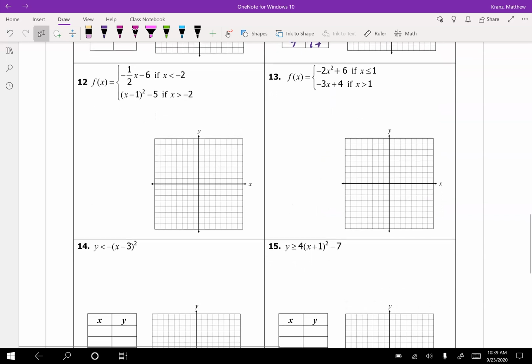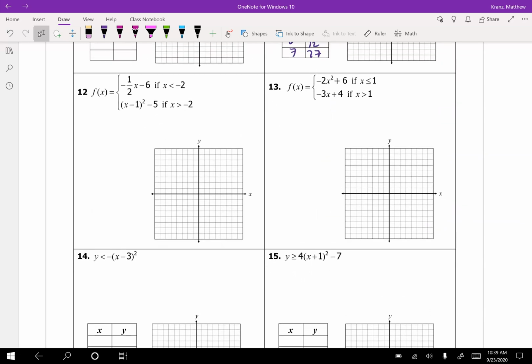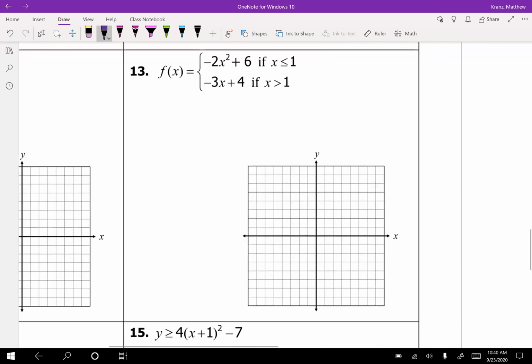All right, let's go ahead and do 13. All right. So now, when I look at 13, this is another piecewise function. All right, and this is telling me when x is less than or equal to 1. So if I zoom in on this, here's 1.